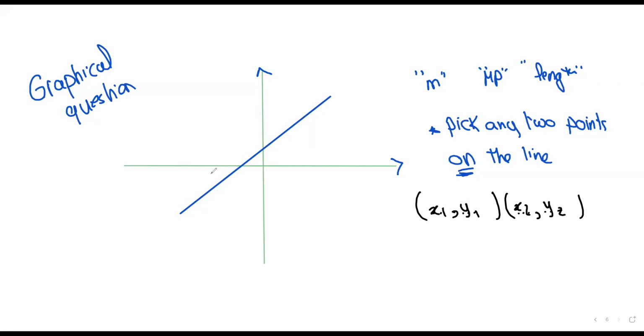For example, I wouldn't pick an order pair like 3.4 or something like that. So I pick any 2 points on the line, just make sure that these order pairs have nice numbers that you can deal with, and then you just substitute in the rules, and that's it. Any 2 points on the line, and then you use the rules and there is no problem.